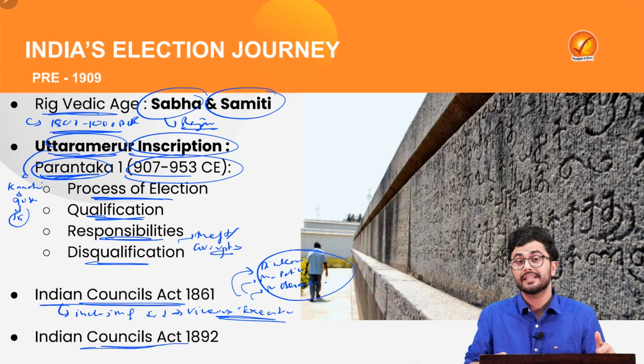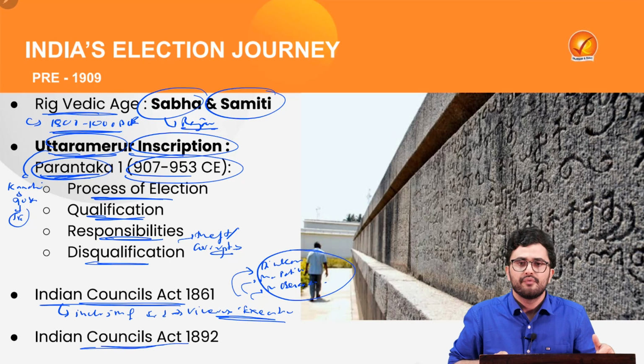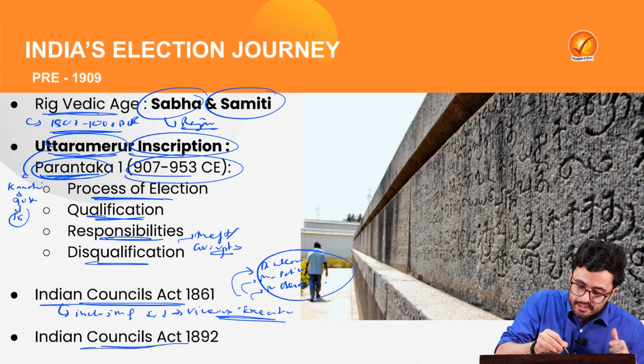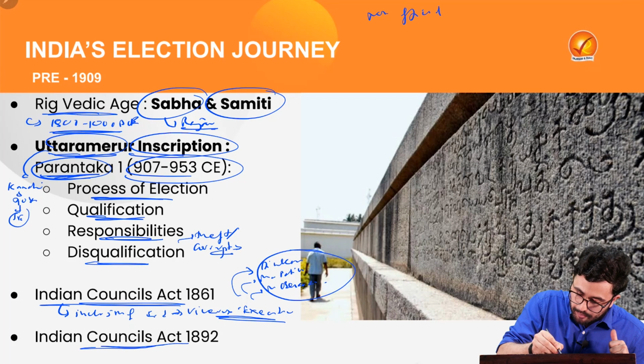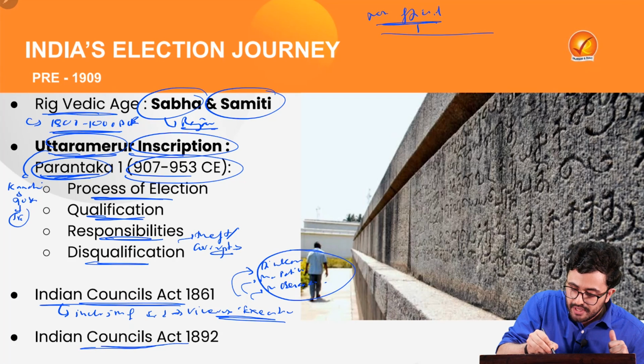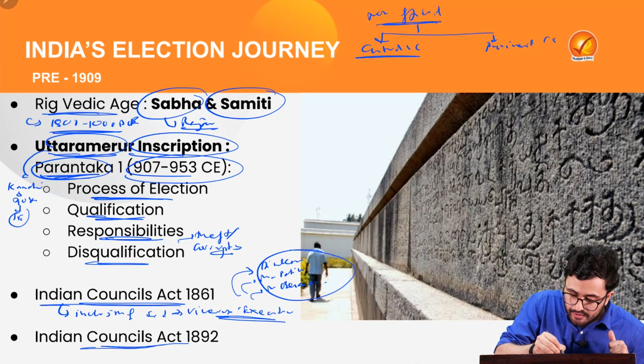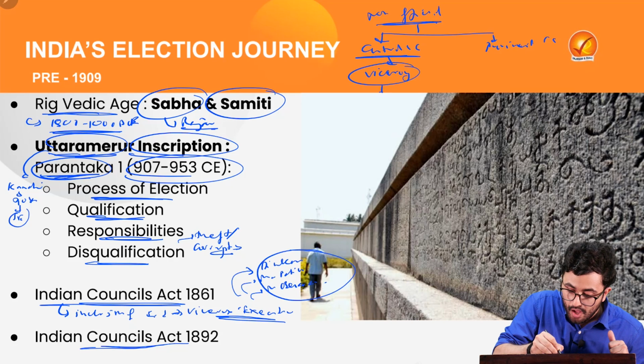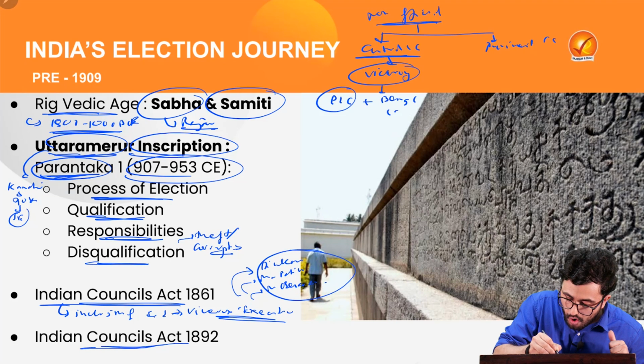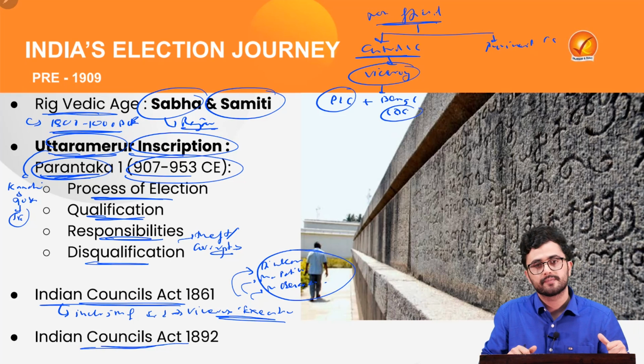Then such provision of nomination of members or indirect election was further expanded under the Indian Councils Act of 1892, which provided that there will be certain non-official members who will be appointed in the central as well as provincial legislative councils. In the central legislative council, they will be nominated by the Viceroy on the recommendation of Provincial Legislative Councils or the Bengal Chamber of Commerce.